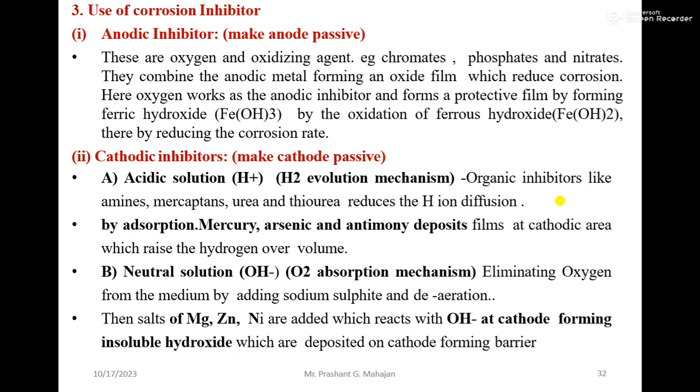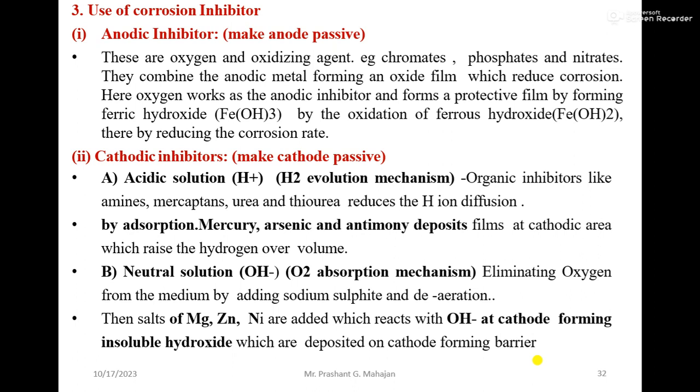B part is the oxygen absorption mechanism. First, it takes place in the presence of an alkaline medium. So we are going to add magnesium, zinc and nickel so that they react with the hydroxide and form insoluble hydroxides, which are deposited on the cathode forming a barrier.